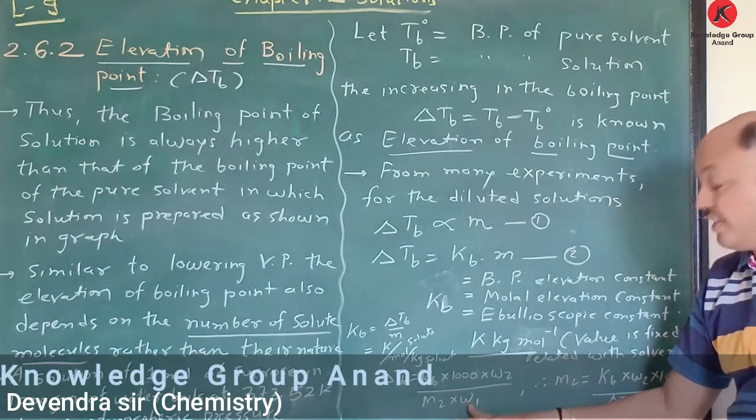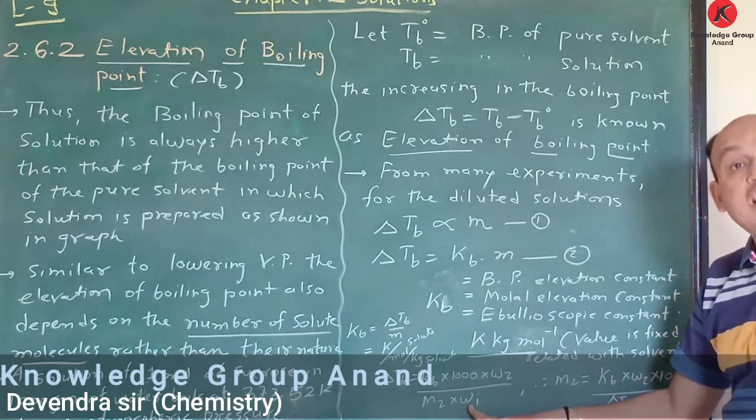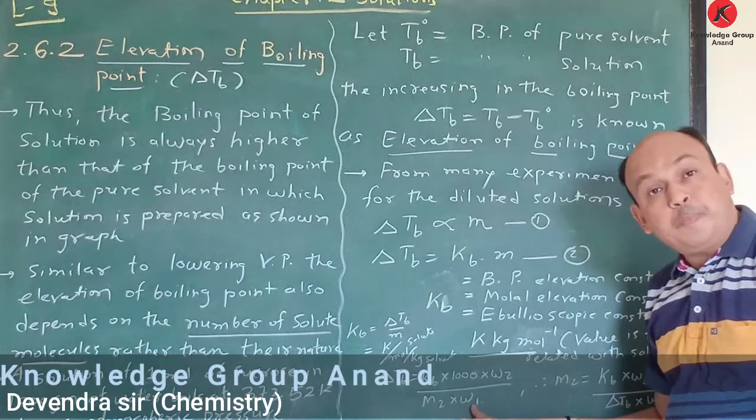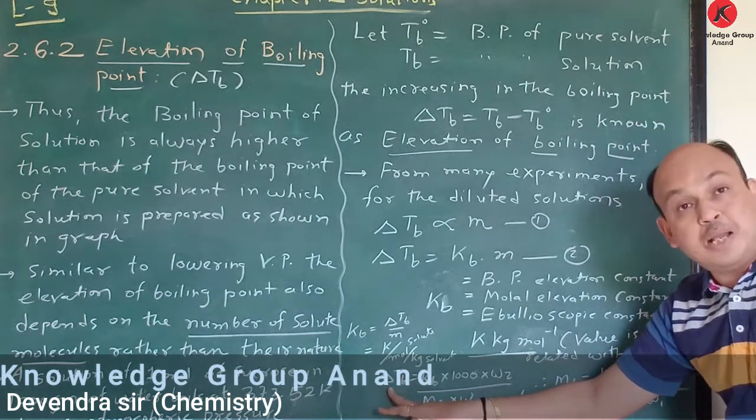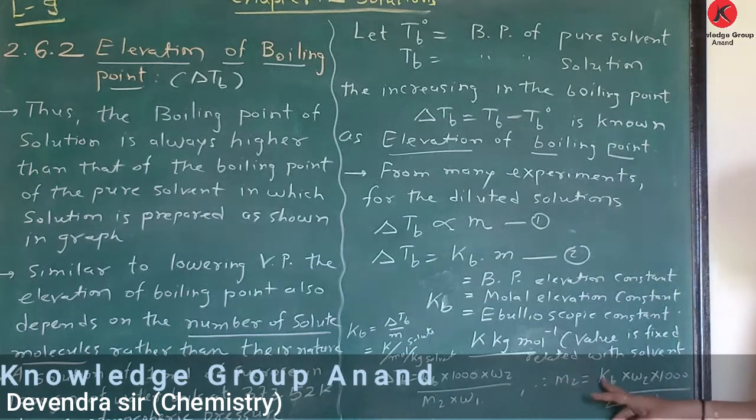Here 1000 is written, that's why W1 is in grams of pure solvent. So when we rearrange this formula, M2 is equal to Kb into W2 into 1000 divided by delta Tb into W1.